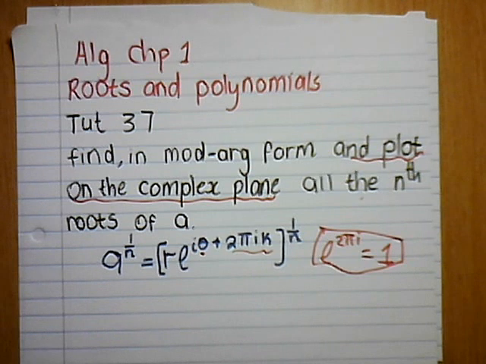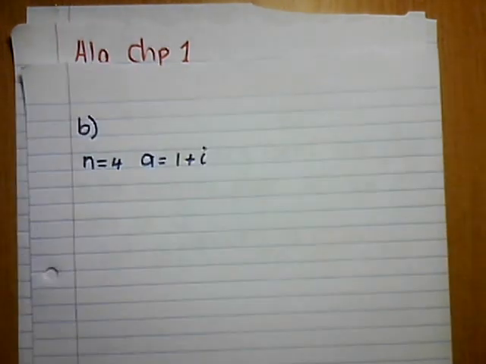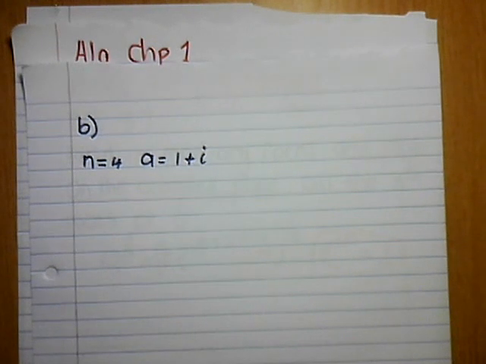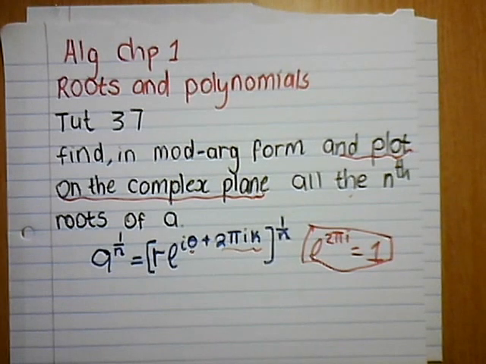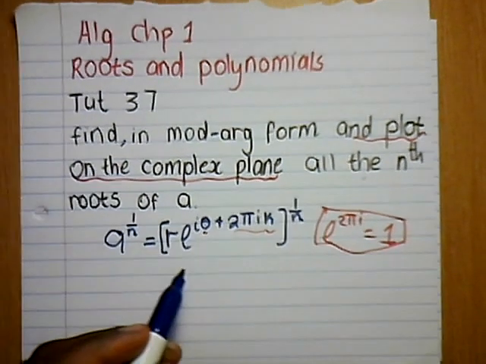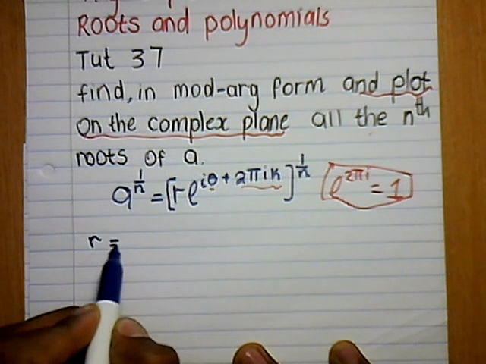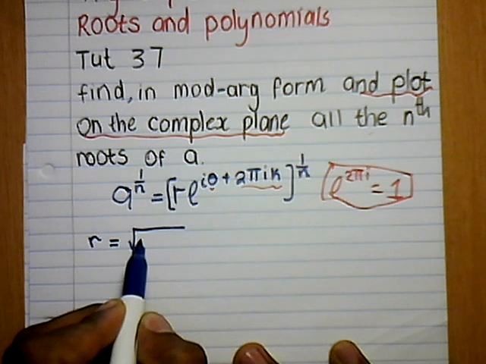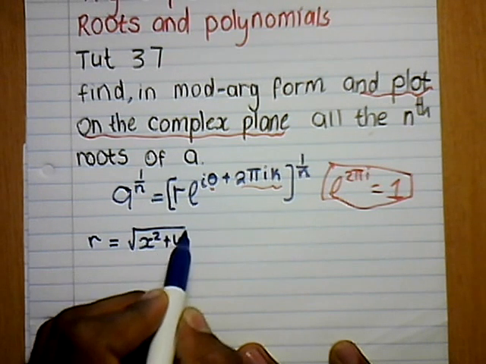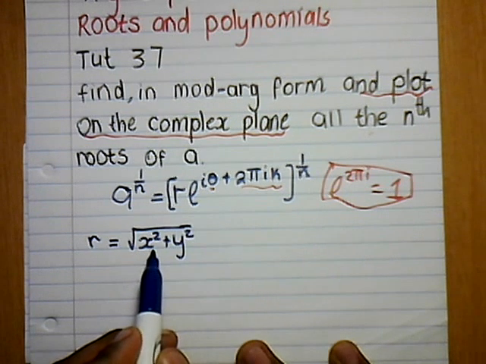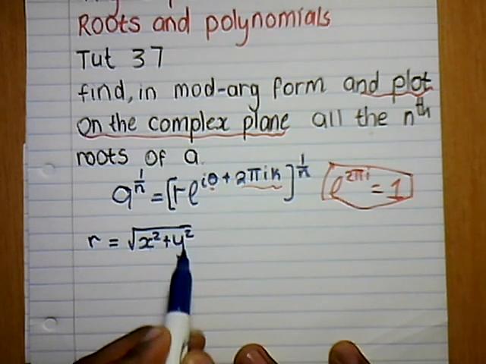I'm not going to do the whole of the questions in tutorial 37. I'm going to do B and C, because once you get these, the other ones will be simple to do on your own. One last thing to remind you of: the modulus of a, which is r, we find by taking the square root of x squared plus y squared, where x is our real part and y is our imaginary part.